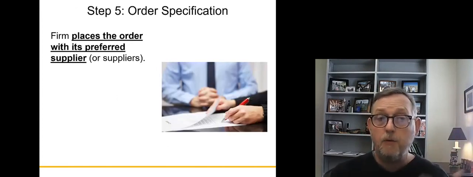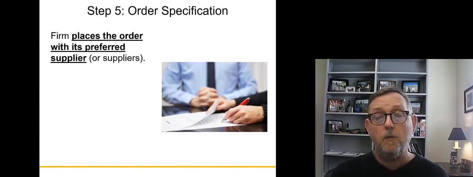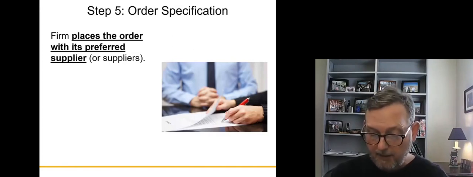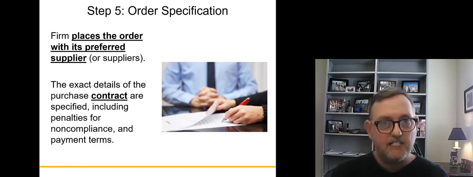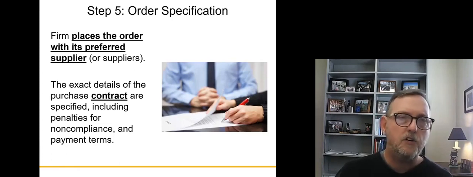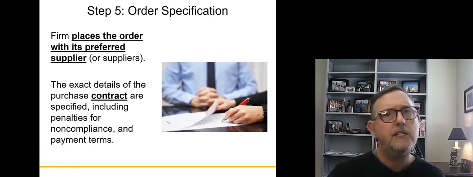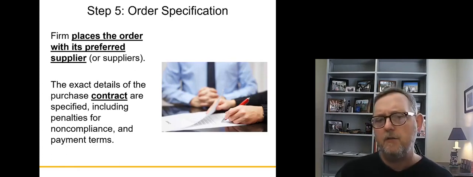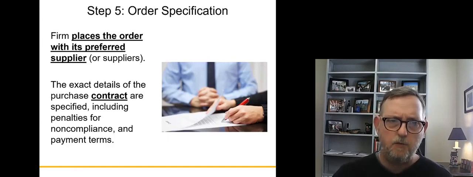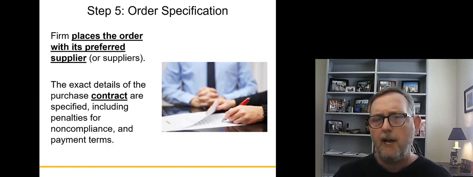So number five, we place our order. Now, once we place our order, there are certain specifications that have to be made. The exact details of things like delivery, the terms, the price might be worked out, but we might have to arrange what are the specific forms of payment, what are the specific payment dates that will be made.